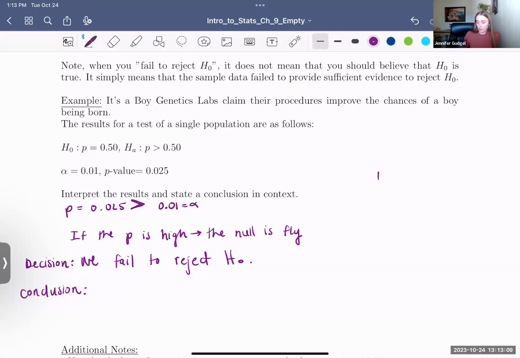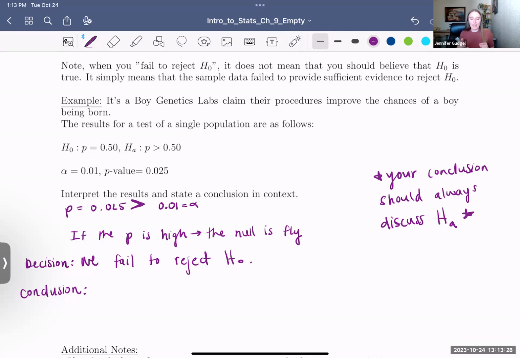Your conclusion should always discuss HA, the alternative hypothesis. And this is because we place in HA the thing that we're actually trying to show.